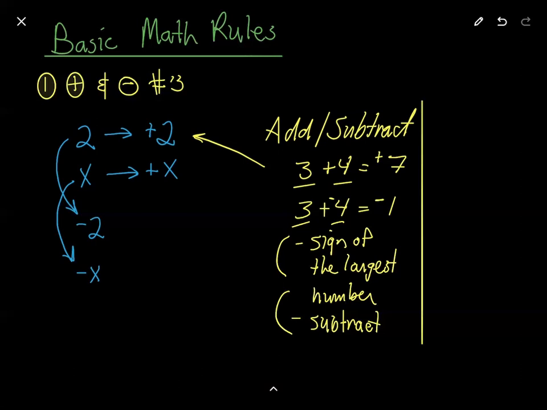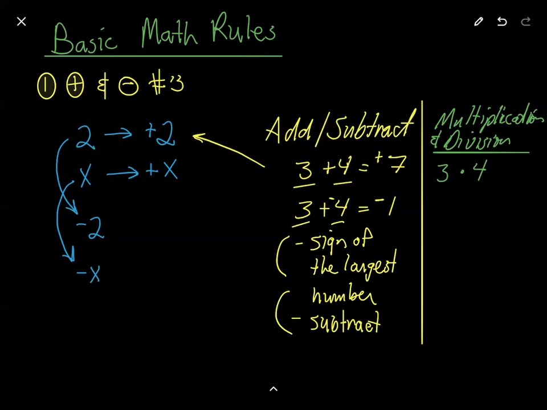Now let's talk about multiplication and division. They have similar rules, but a little bit different. When multiplying and dividing two numbers with the same sign, the answer is always going to be positive. So a positive 3 times a positive 4.